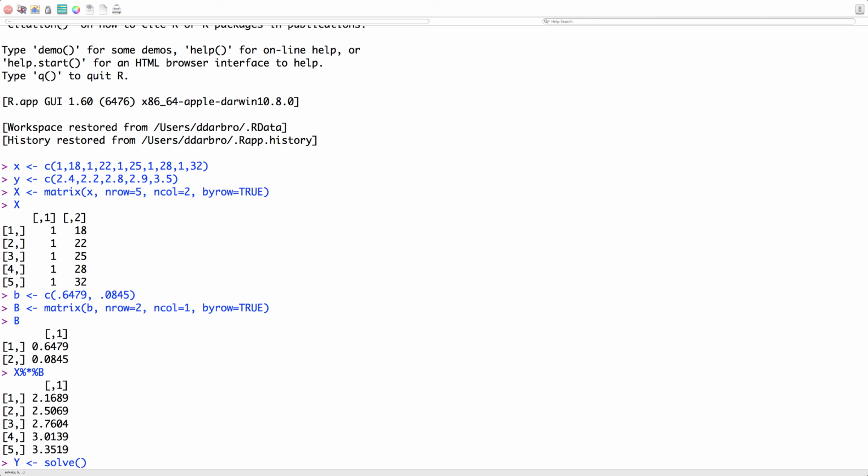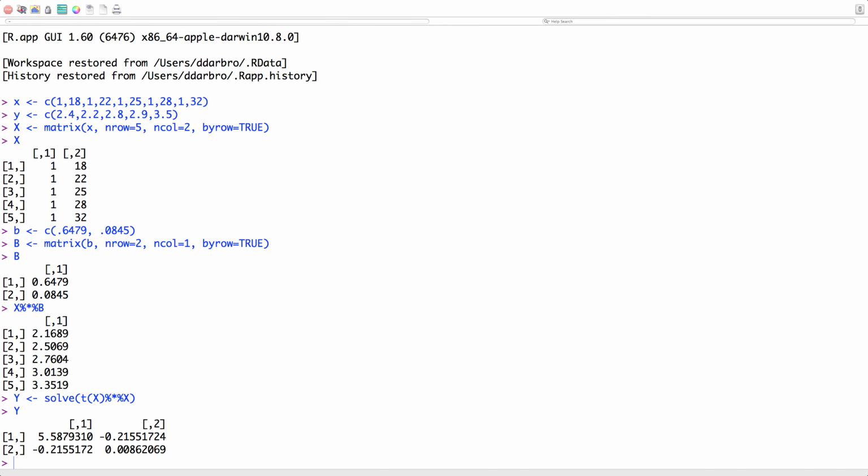So if I go solve X transpose X, so that I can go inverse. The part that's inside the parentheses, X transpose times X, I'll do the inverse of that when I do my multiplication. So I'm going to get a new matrix here, Y.